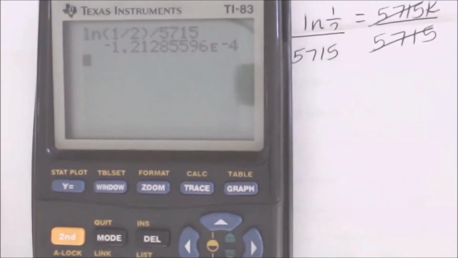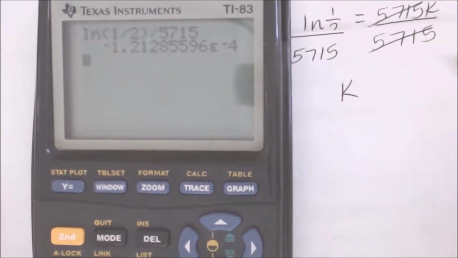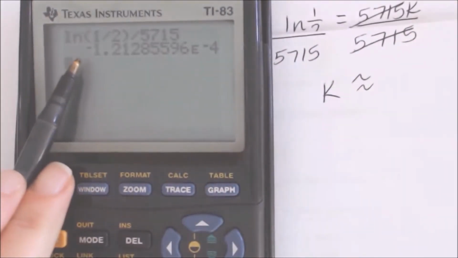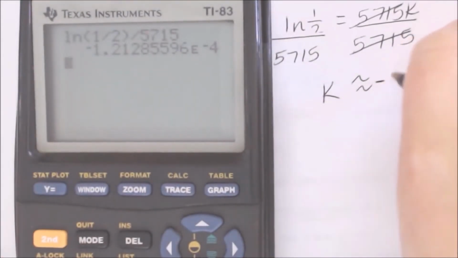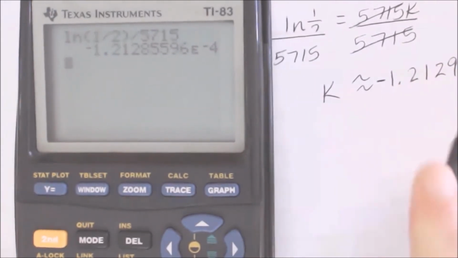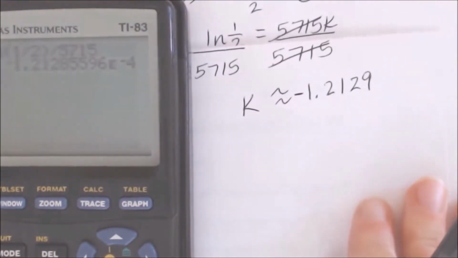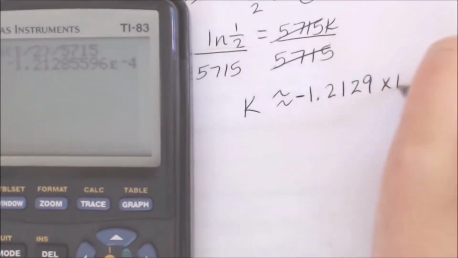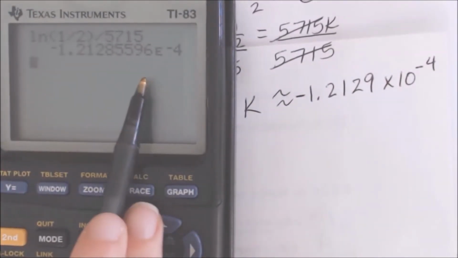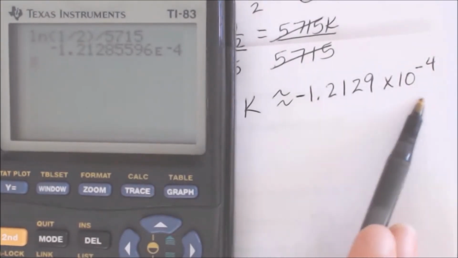This capital E here means that this is scientific notation. So if we were to write this in scientific notation, we would have a K value. And by the way, you see that it's negative. That's important. We said it would be negative. So it's negative 1.2129. Use at least 4 decimals when you use that K value, times 10 to the negative 4th. So that E, capital E, -4 means times 10 to the negative 4th.